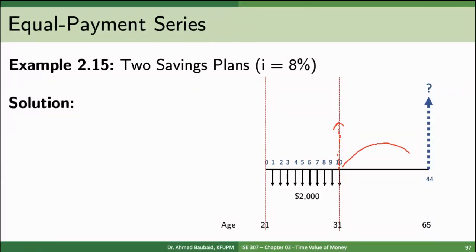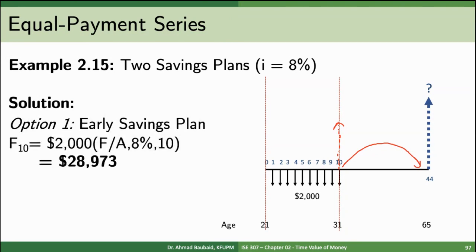And then I need to move this all the way to time period 44 by applying interest to it for the difference, for 44 minus 10 time periods, 34 time periods. So similar to before, you just do it in 2 steps. Here's option 1 again. You apply the formula. You want to find f given a, but my f is actually going to be here.